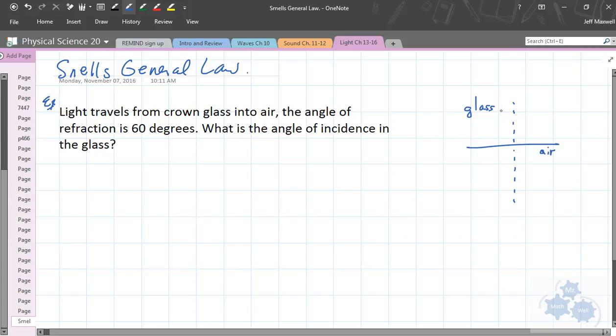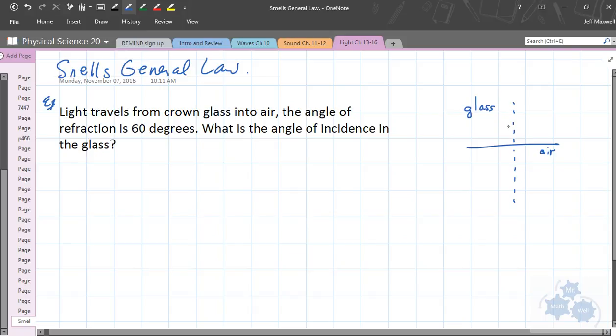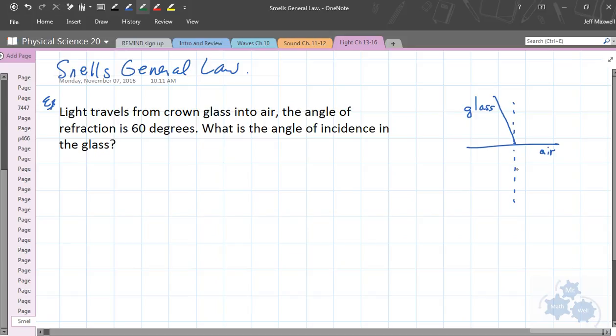When we're coming from a slower medium, light traveling in a medium where it's slower, and then transferring into a medium where it goes faster, okay, so let's say this is the incident ray here, is the light ray going to bend towards the normal, or is it going to bend away from the normal?